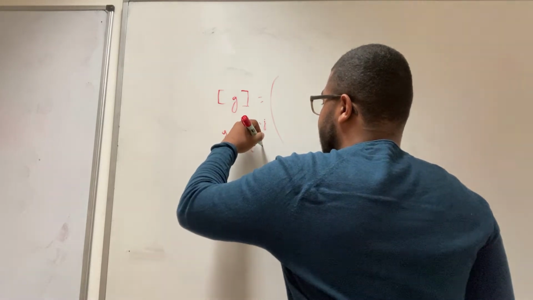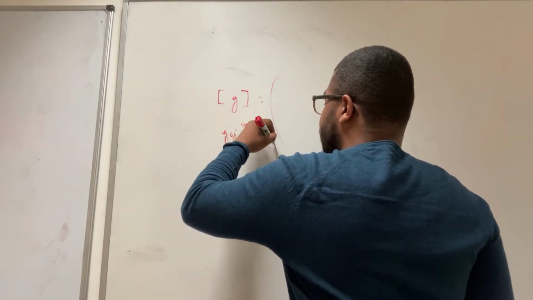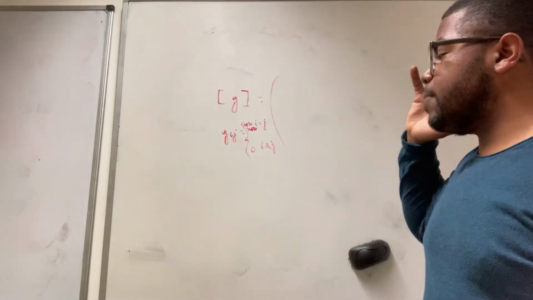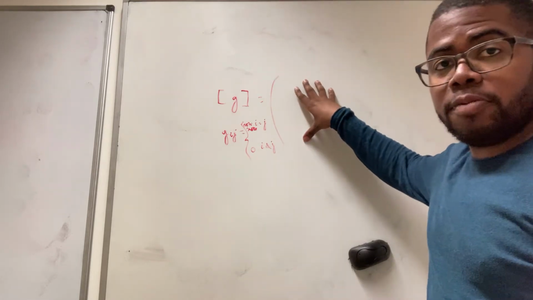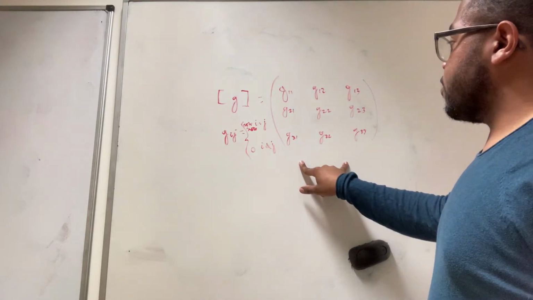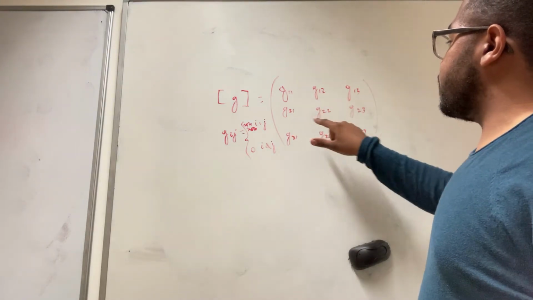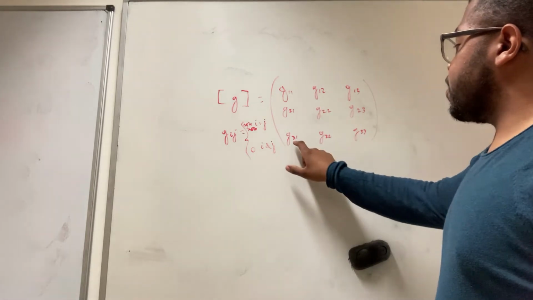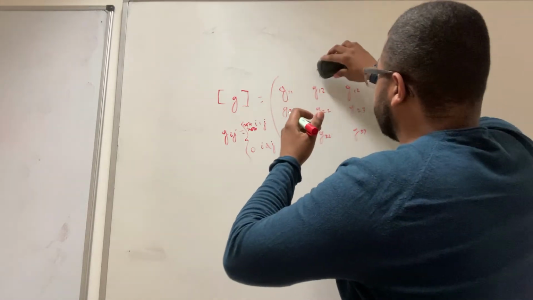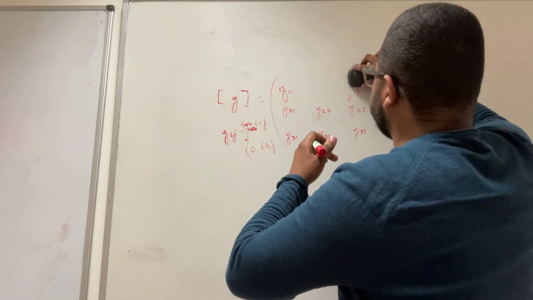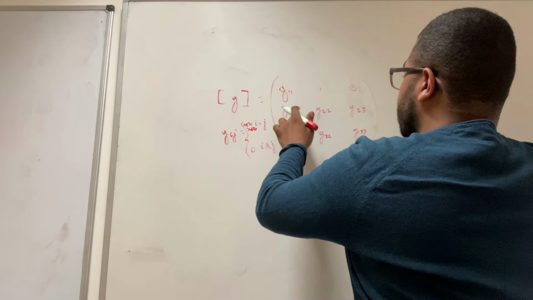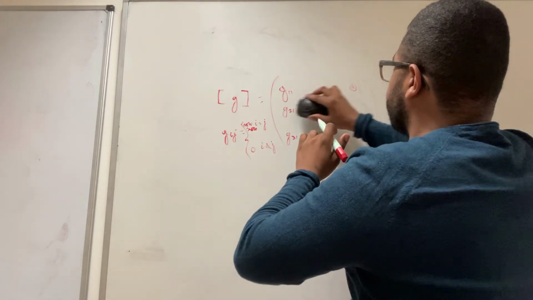But if i does not equal j, then you'd have a zero value for this right here. If we keep that in mind and plug things into this 3 by 3 matrix, we can notice something quite interesting. We can take one glance at this matrix and notice immediately that a lot of these elements will fall out because the indices are not the same. So for example, this G11 is fine, but this G22 and G12 and G13 will definitely be 0. This G21 will be 0, and G23 will also be 0.